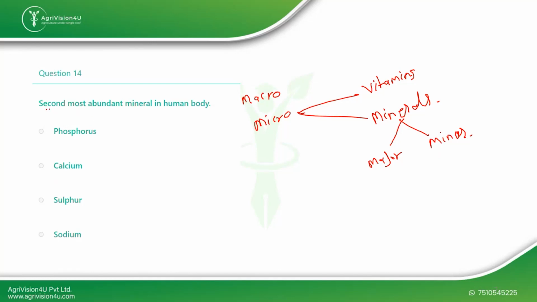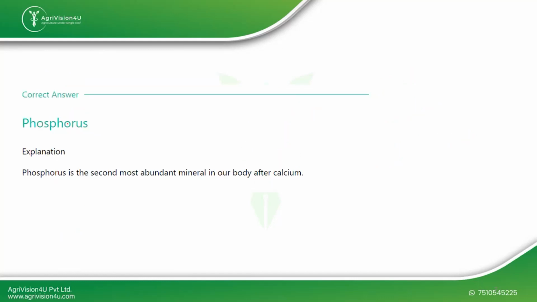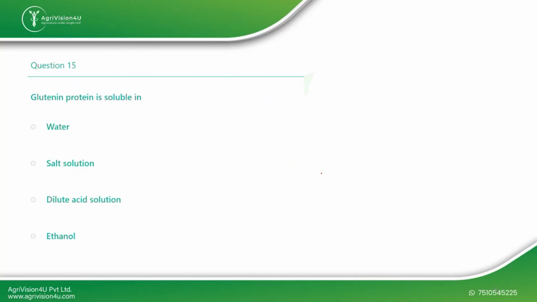Here the question is about the second most. The second most is phosphorus, but the first, the most abundant one, is calcium. So the answer over here is phosphorus. It is the second most. But if the question is regarding the most abundant, then the answer should be calcium. So remember calcium also, what exactly it is.